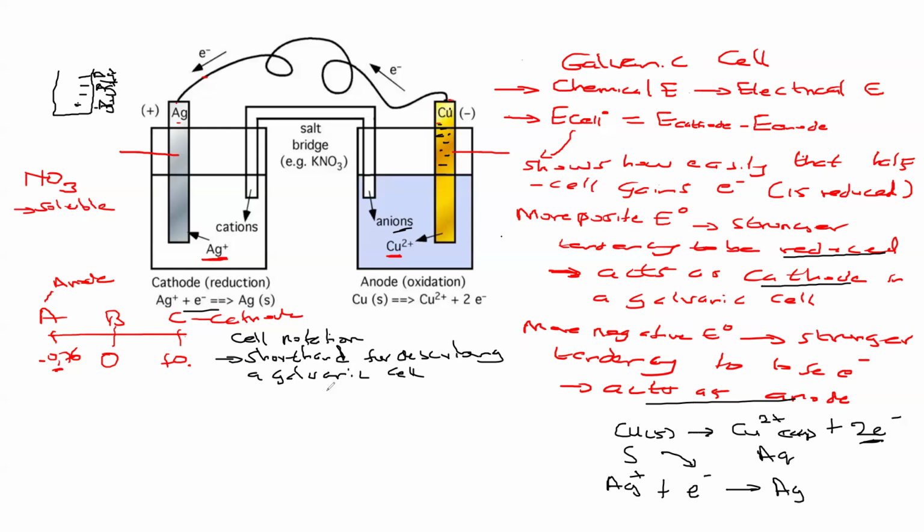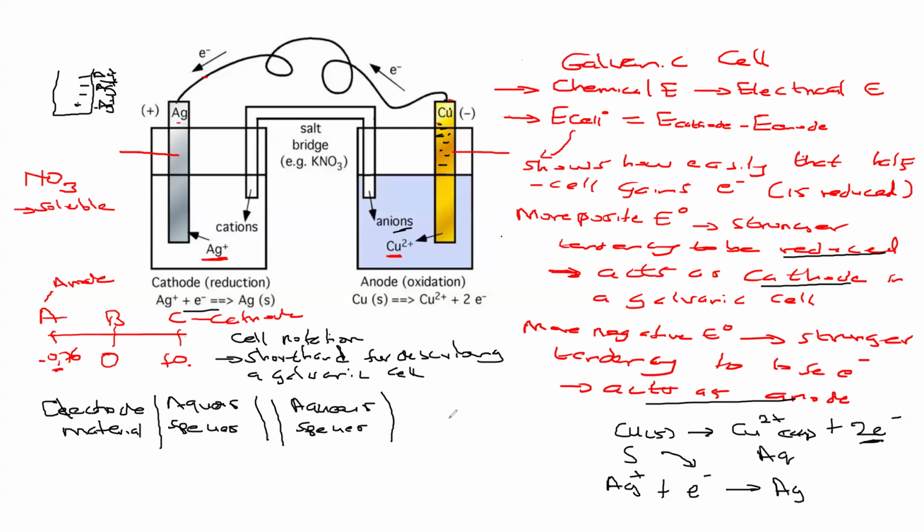We can have the electrode material, and then after this one we have the aqueous species, and then we have a salt bridge, then we have the aqueous species, then the phase, and then we have the electrode material.